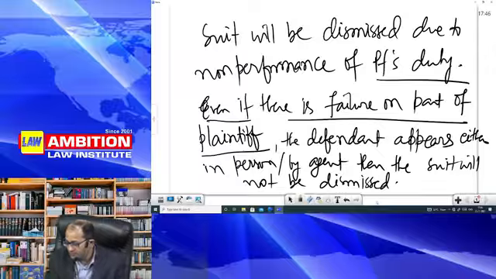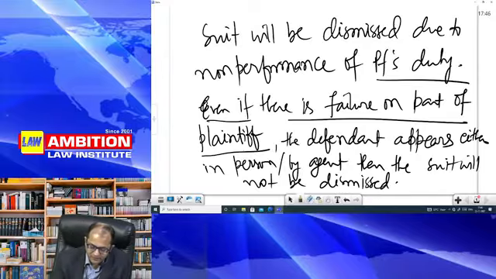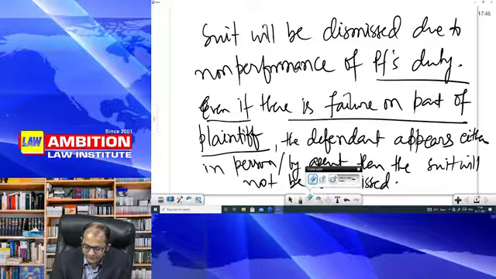Because my main purpose is to call the defendant. So the defendant has come. Is this clear? So in this situation, the suit will not be dismissed.